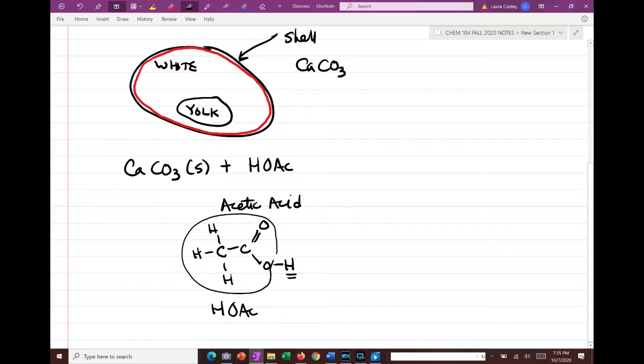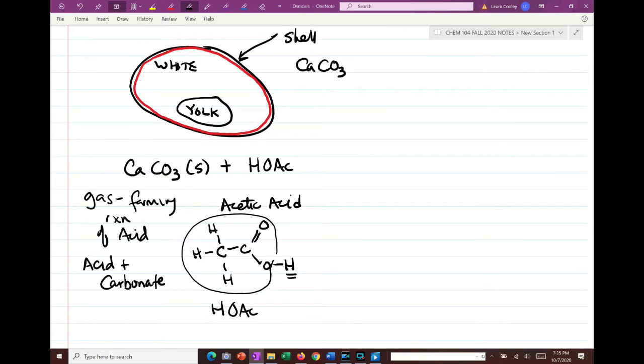But when these two react, this is one of these gas-forming reactions of acids. So it's an acid plus carbonate. You may remember back from Chem 103. And we'll learn later that carbonate is actually a base. So calcium carbonate is actually a base, and this is an acid-base neutralization reaction.